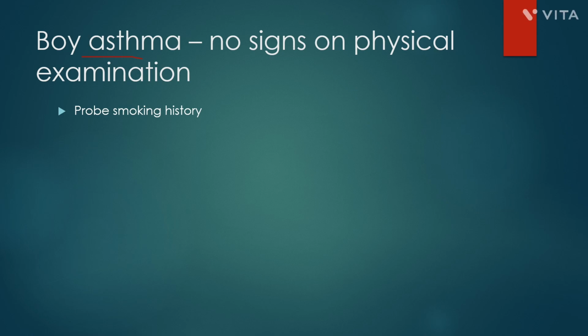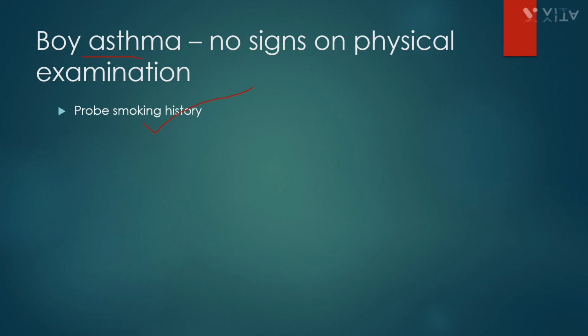So what is the first thing that you will ask? And the option included probe smoking history. Since the patient has no symptoms currently, but has some increase in use of his inhaler, it indicated some kind of a new smoking activity.